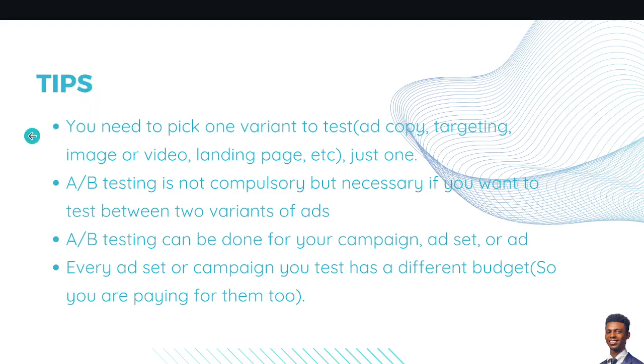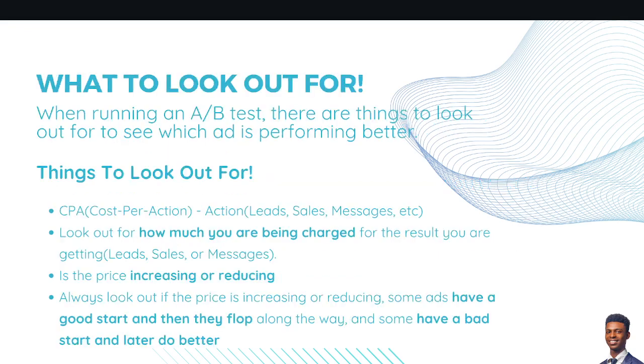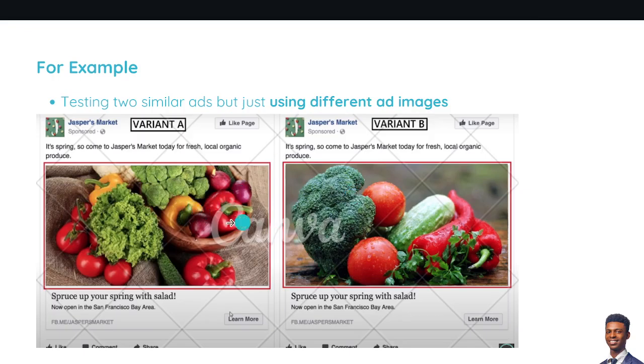So tips: you need to pick one variant to test. It's often not advisable to test more than one thing in one variant. For example, you choose one variant and you start to test different ad copy, targeting, and all those things. It's better to just say, okay, for example, what I explained here, we're just testing different images to see which one performs better.